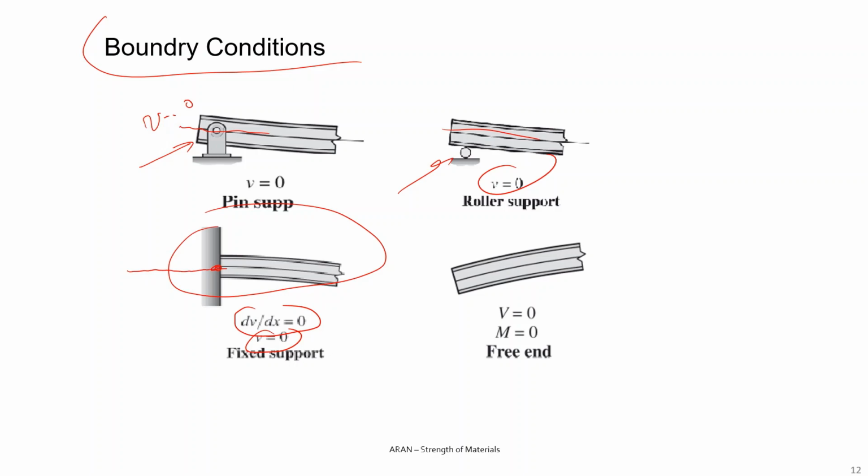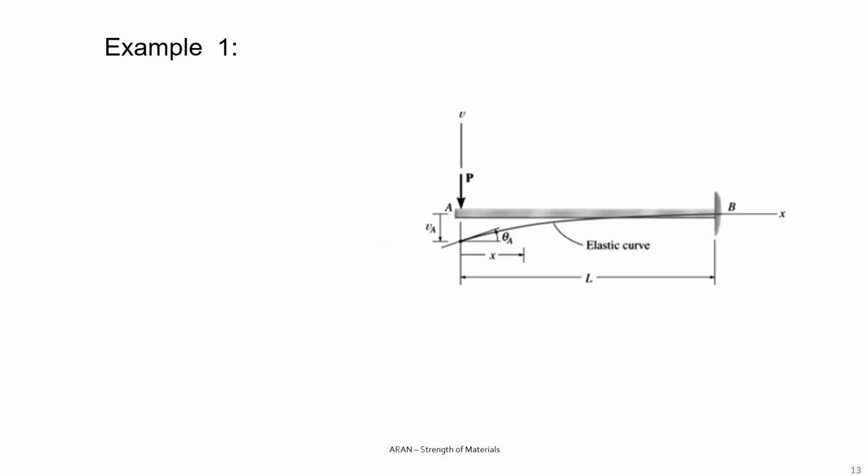The slope will not change. If you have a free end on a beam, here you have the shear force and the bending moment equal to 0.